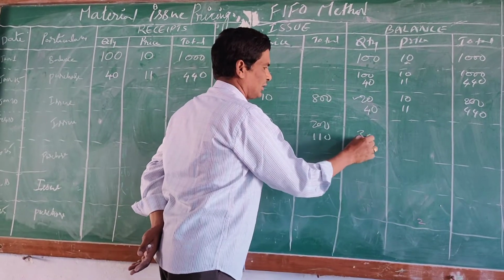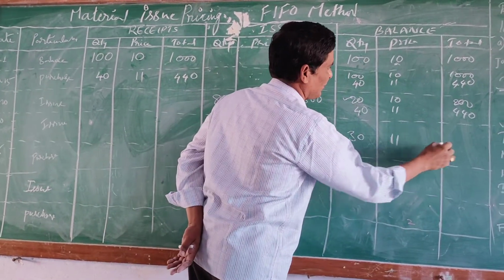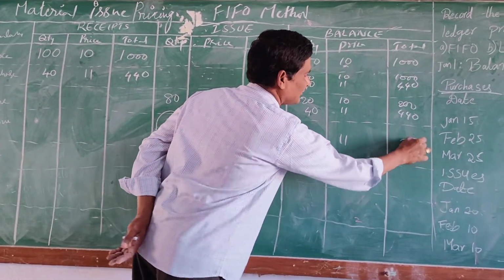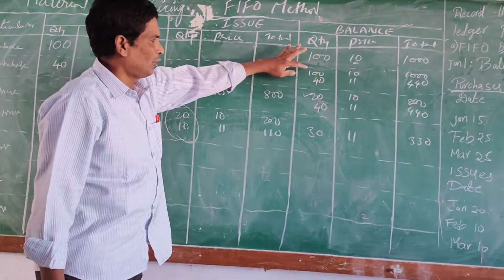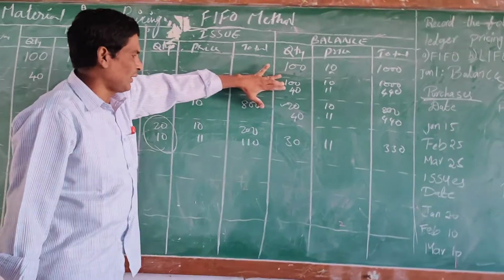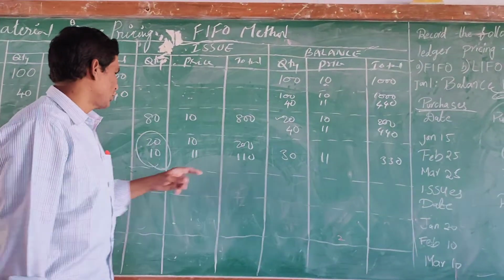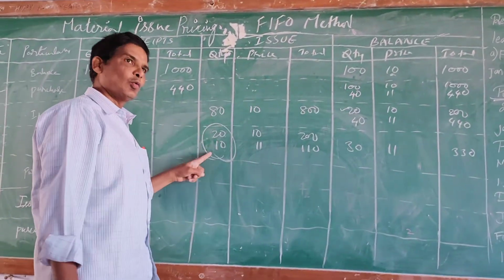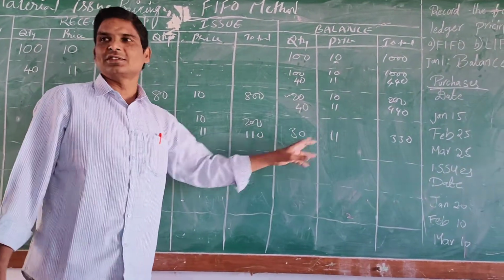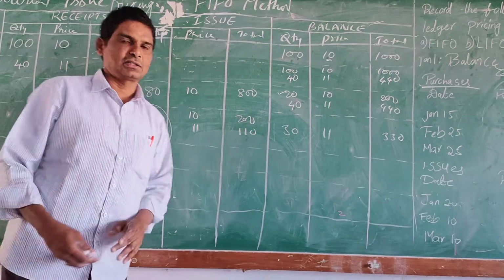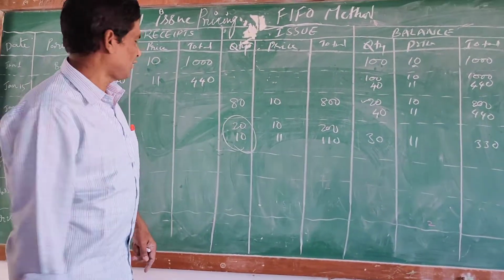The 30 units we are having are at 11 rupees, 330. So we bought a total of 140 units. From this 140 units, how much issued? 110 units are issued. So 140 minus 110, 30 units is balance. 30 into 11, 330.